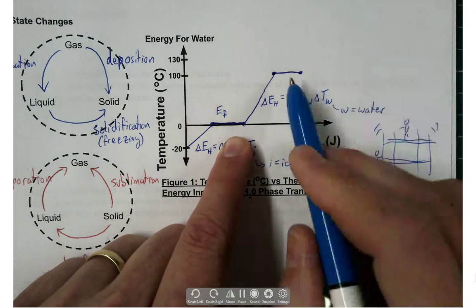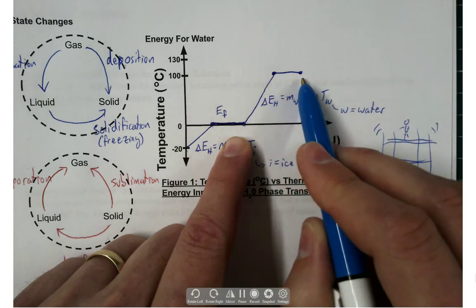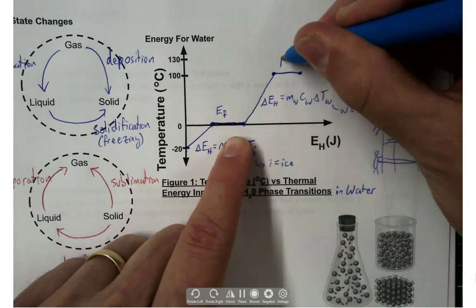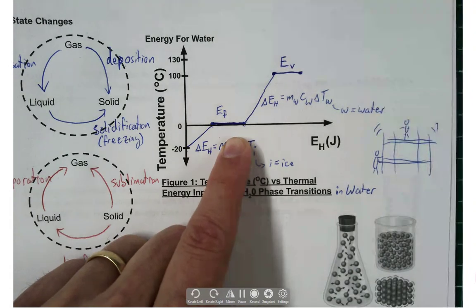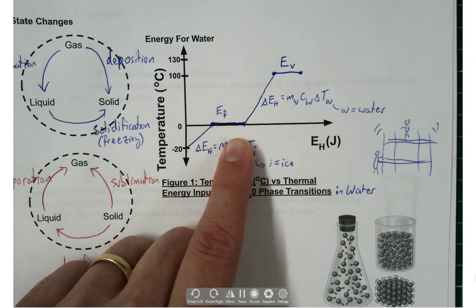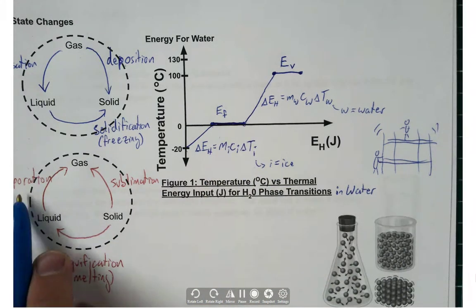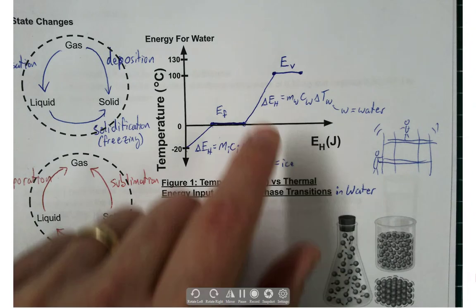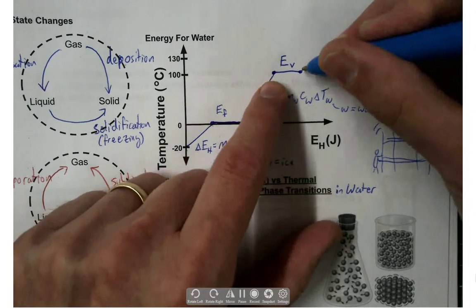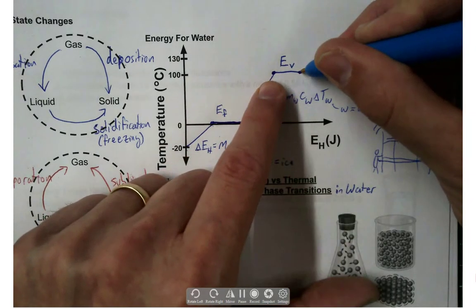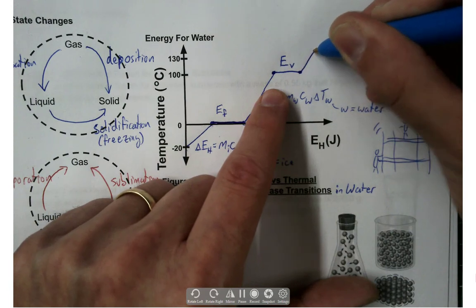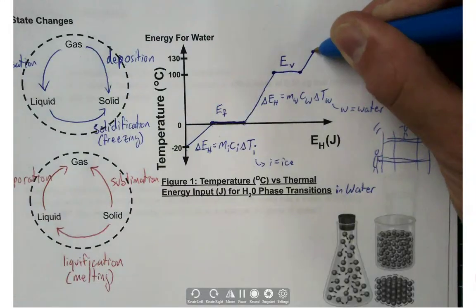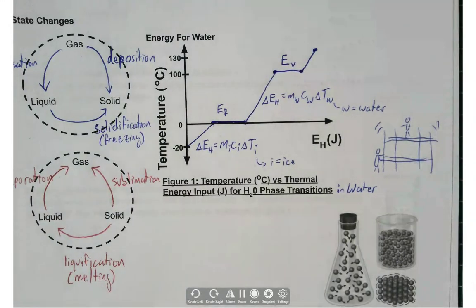And this super energized water, by the way, that energy platform is called the vaporization energy. V for vaporization. Look at that. Vaporization. Evaporation. Okay? This vaporization energy, once it gets overcome, then we transition to, I'm going to top out at 130 degrees, not because water actually tops out at 130 degrees, it's just I have to end this graph somewhere.